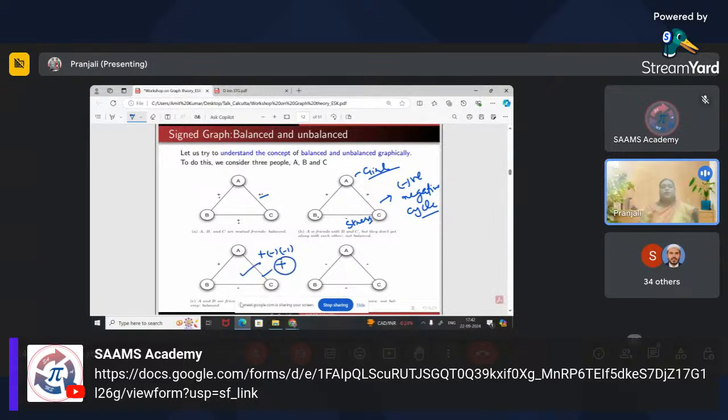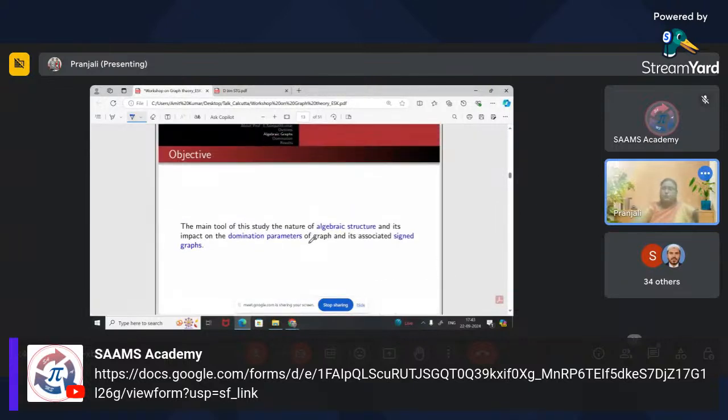So the system will remain balanced, or I would say that this structure is balanced. Here also, all three are living together, because there are adjacencies between A, B, C, but they don't like each other. So the system will not be balanced. It is also unbalanced. So this is unbalanced, this is unbalanced, these both are balanced. I hope this is clear for everyone.